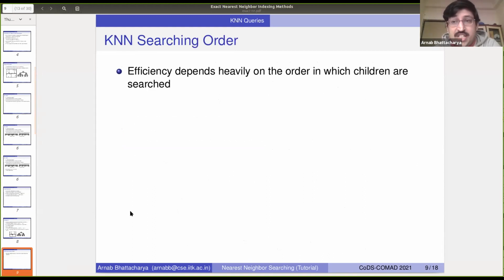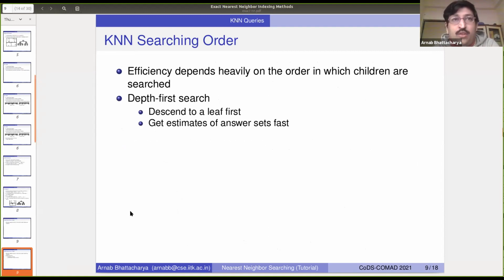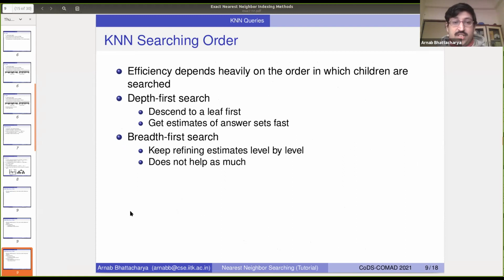Now, this is the KNN searching order. What we did was search into D, then I and J, then E, then B, etc. That is a KNN searching order. The efficiency will depend very heavily on the way these children are searched. The traditional two ways of going over a tree from the traditional algorithms perspective are depth first search and breadth first search.